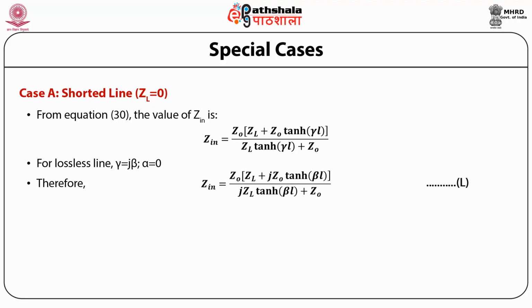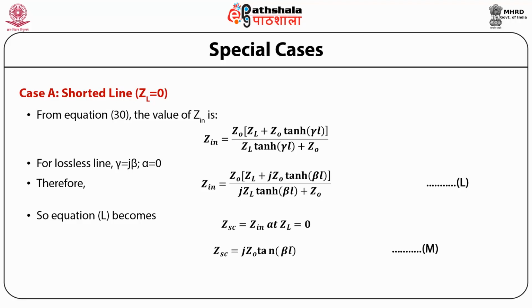Therefore, Zin equal to Z0 multiplied by ZL plus JZ0 tan of beta L, divided by JZL tan of beta L plus Z0. This is marked as equation L. So equation L becomes ZSC equal to Zin at ZL equal to 0. So ZSC becomes JZ0 tan of beta L.